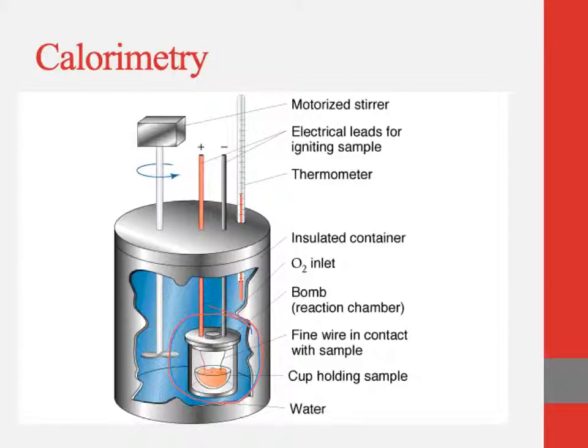You can see that there are two electric leads coming out of that, and that is to provide the spark for the initial igniting of the reactants. And there's like a small crucible inside the reaction chamber to hold everything. Outside of that is water in the actual container where you see all the blue area. There's a motorized stir that does the stirring for you, and a thermometer to keep track of the temperature changes.